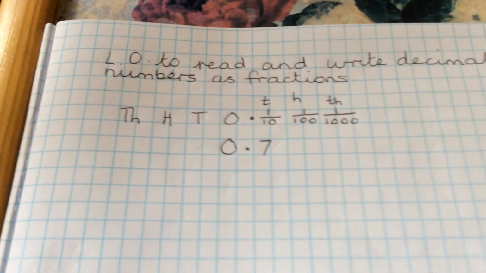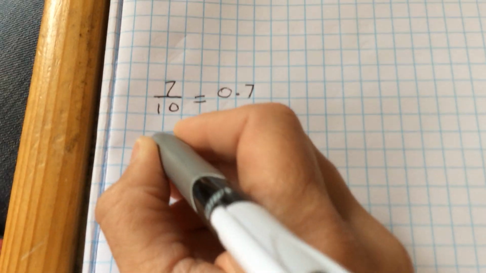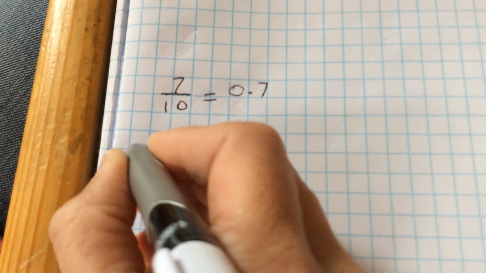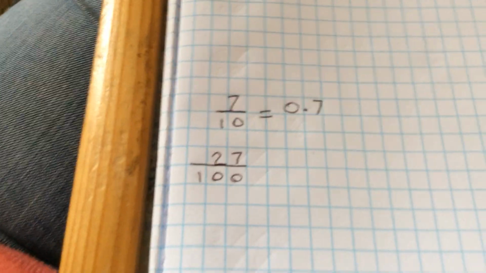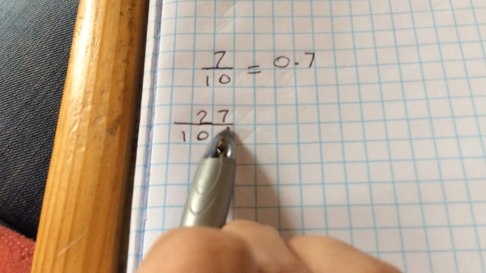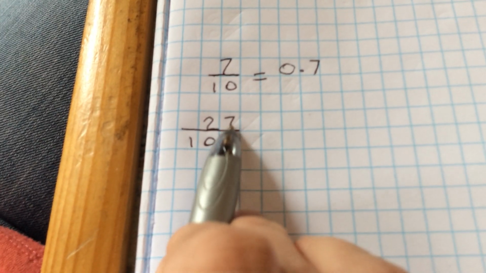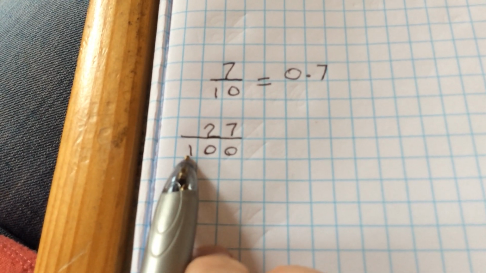And let's try a slightly harder one. Let's try 27 hundredths. When I'm writing these fractions, I am lining up the digits. The last 2 digits I'm lining up, then the next 2, and then the next one.